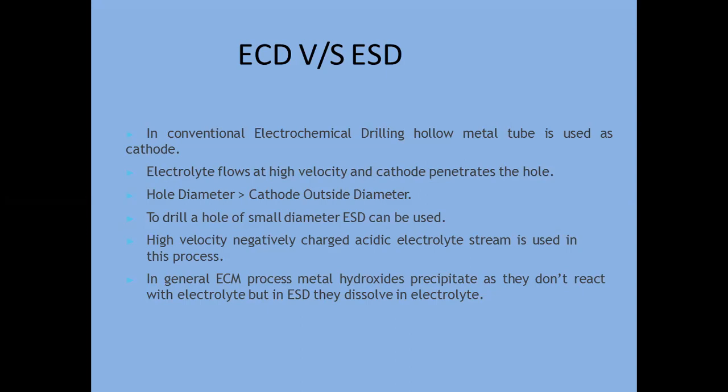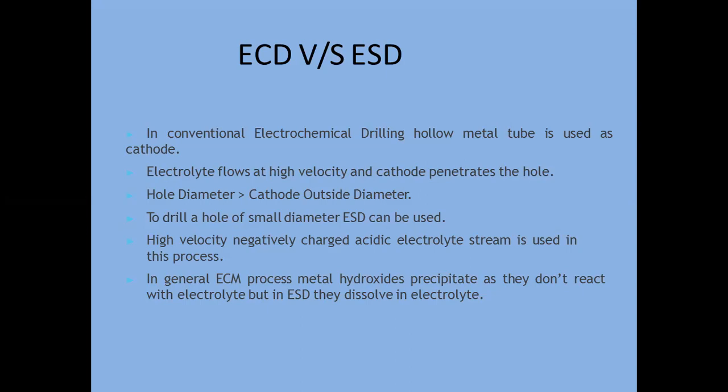A high velocity, negatively charged acidic electrolyte stream is used in this process, right? This is the major difference. In general chemical machining processes, metal hydroxide precipitates and doesn't react with the electrolyte. But in ESD, they dissolve in the electrolyte. Why do we use an acidic electrolyte?